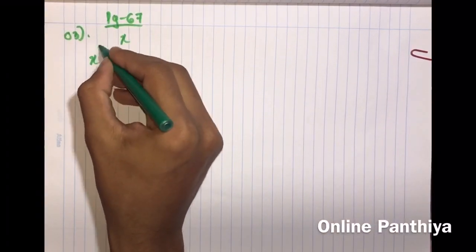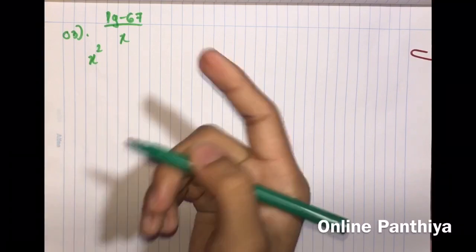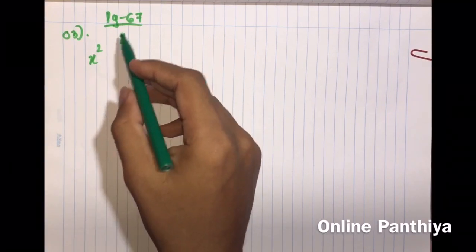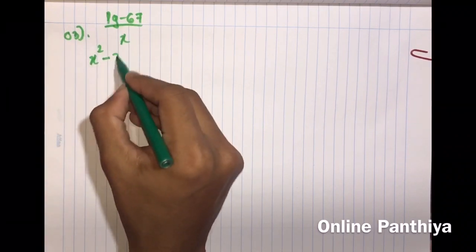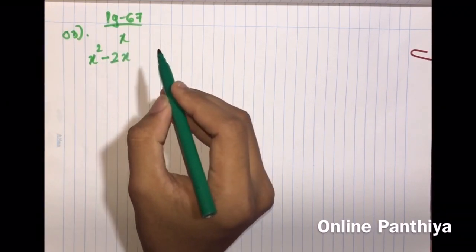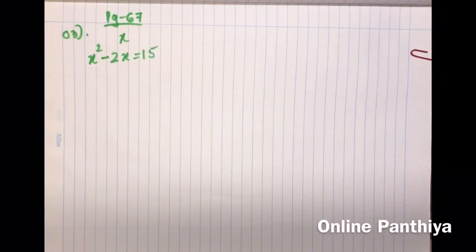From the square of a certain number, if you subtract twice the number, which means you have to multiply by 2, the result is equal to 15. Now you have to find the value of x.